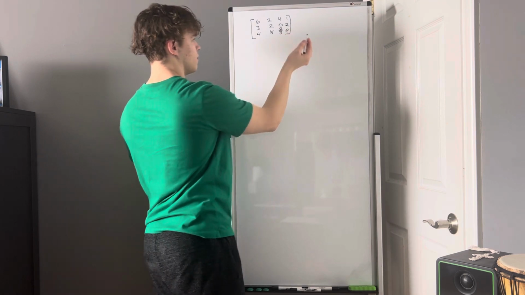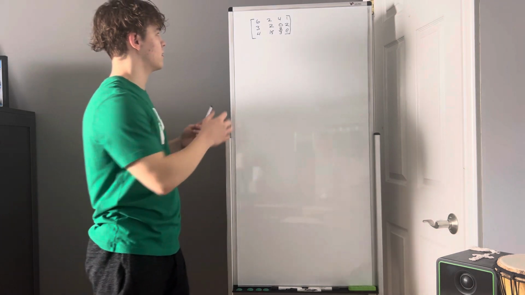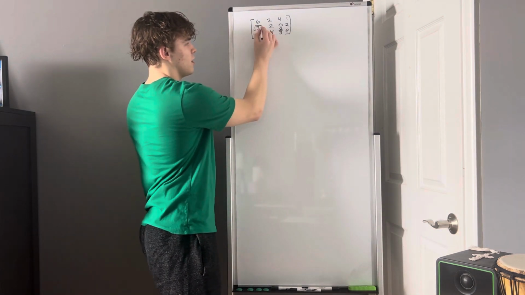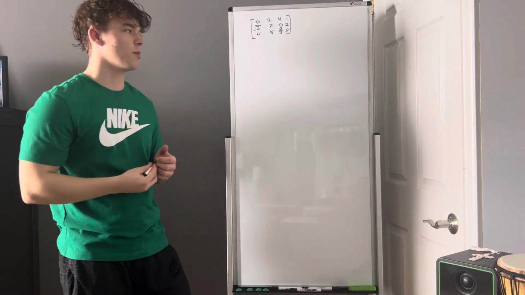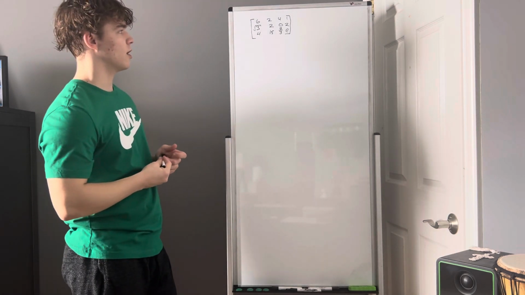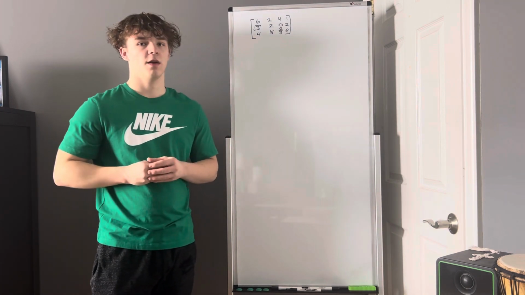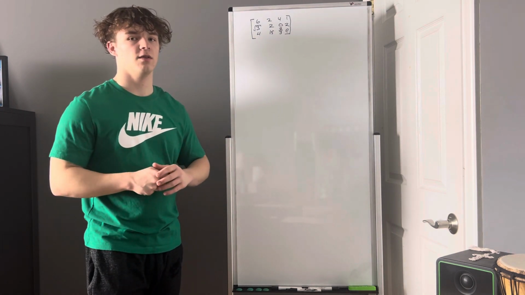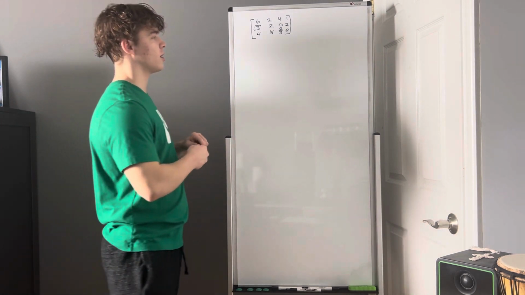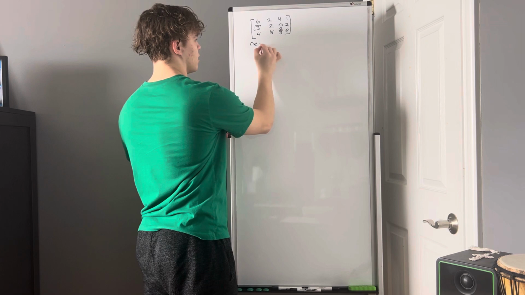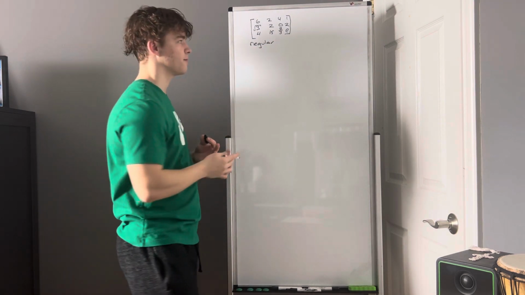They could be e, they could be a square root, like the square root of 3. Most of the time, you're going to see regular old numbers in your matrices, but you could have anything in there. You could have variables, you could have imaginary numbers, but this is just called a regular matrix.